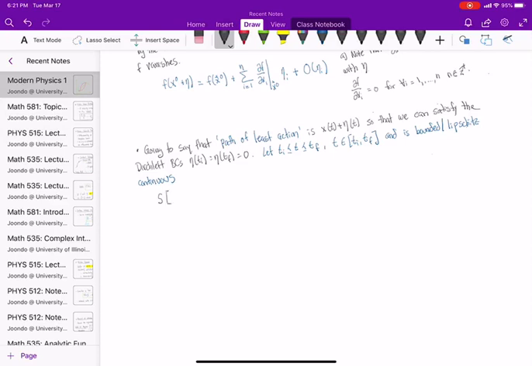So x of t plus a-s of t, right? So we're taking the action of the least action, right?